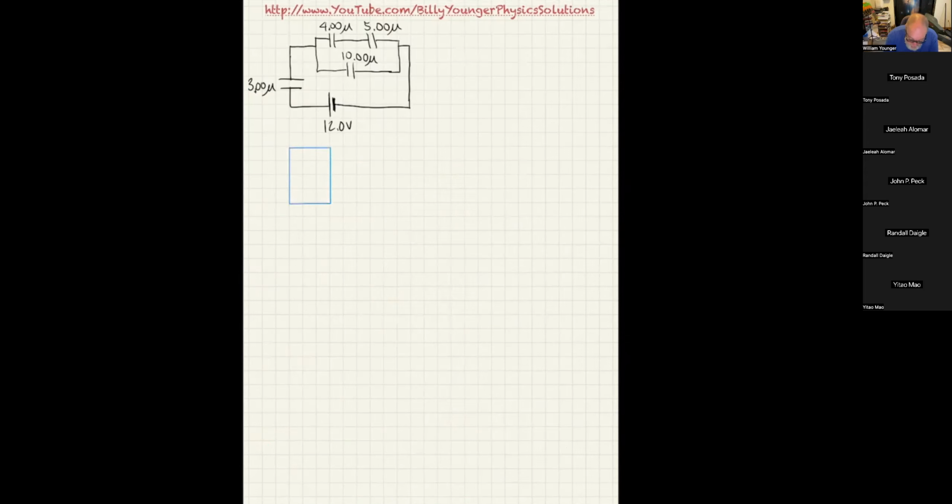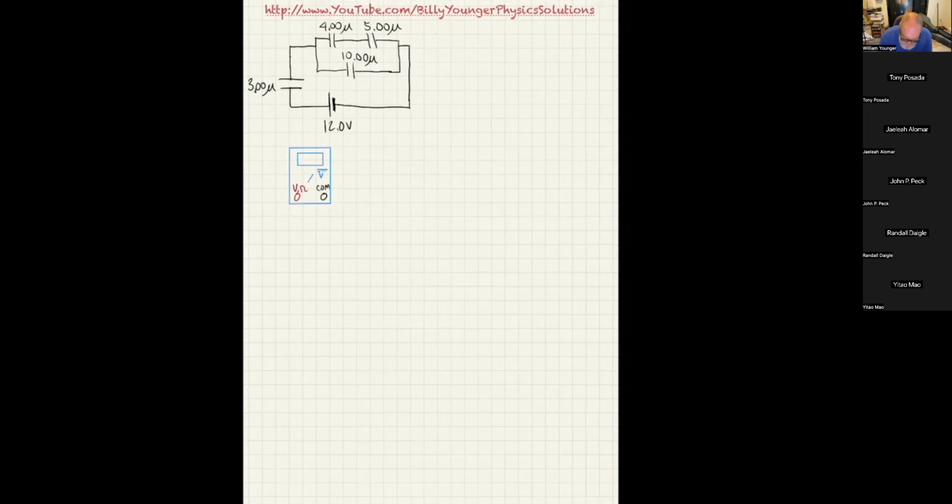And what you can do is, for starters, set it to read, let's say DC volts, which, from the ones we've been using in class, have a dash, dash, dash, and then a solid line above it. So I've got it set to that. I'm not necessarily going to worry about getting the wires on the right side. I'm just going to call this the COM, and I'm going to put it on the right side because it's convenient. And then I'm going to call this the V omega, and I'm going to put it on the left side again because it's convenient.